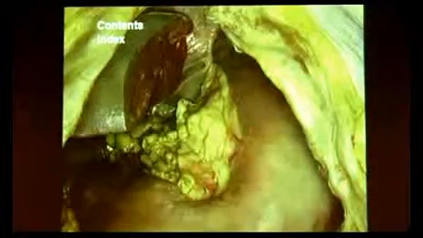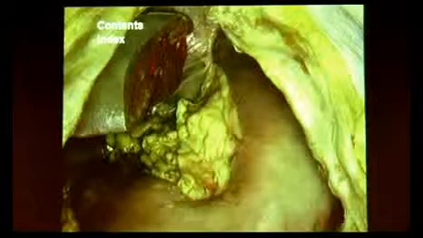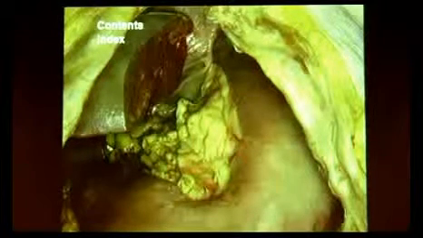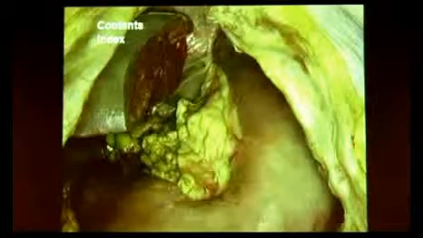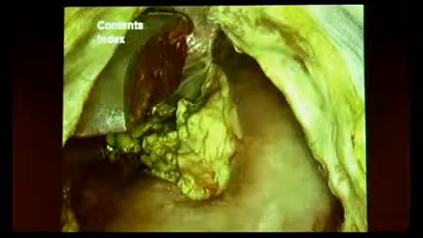This is the greater omentum. This is the stomach, part of the liver, and this is the greater omentum. If that omentum, which is also fascia, develops adhesions or dysfunction, it also creates problems. Surgeons know that a lot, better than anybody.